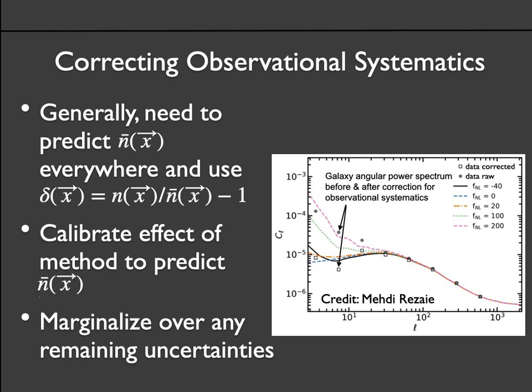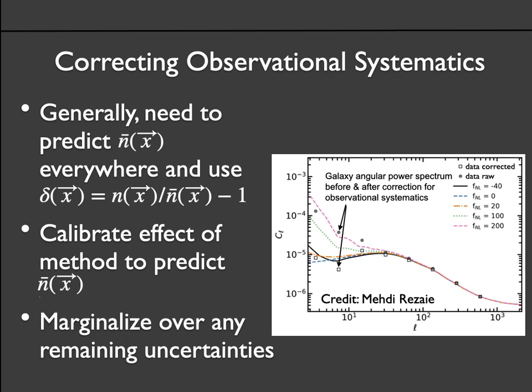We can look at relative fluctuations in the galaxy counts. And one thing that's true is that all of the methods we use to determine this n-bar, which is what we call our selection function, we need to calibrate in some way in mocks. There will be biases no matter what. And so we have to try to calibrate them and then figure out a way to marginalize over any remaining uncertainties.